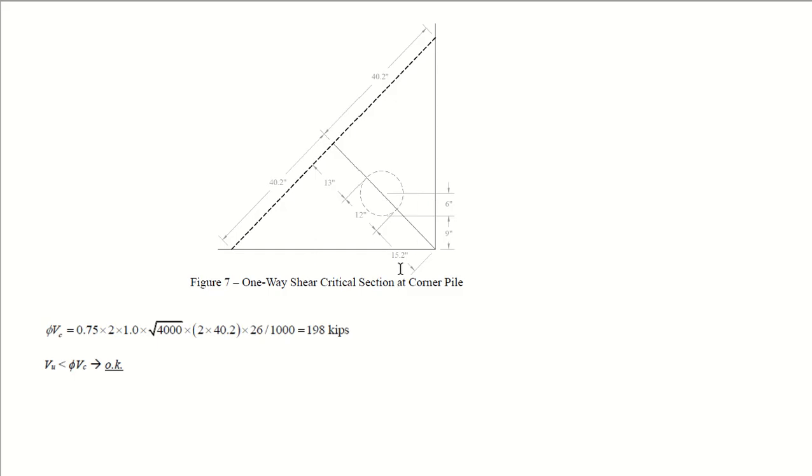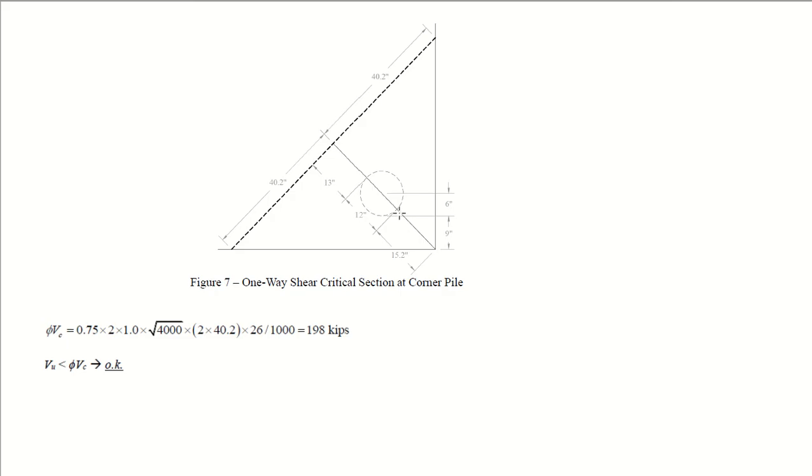So now consider that this distance is 9 inches, right? This distance is 16 inches. So you can obtain this distance from the face of the column to this point. It is a simple Pythagoras theorem. The diagonal distance, since the angle is 45 degrees, is very easy for you.